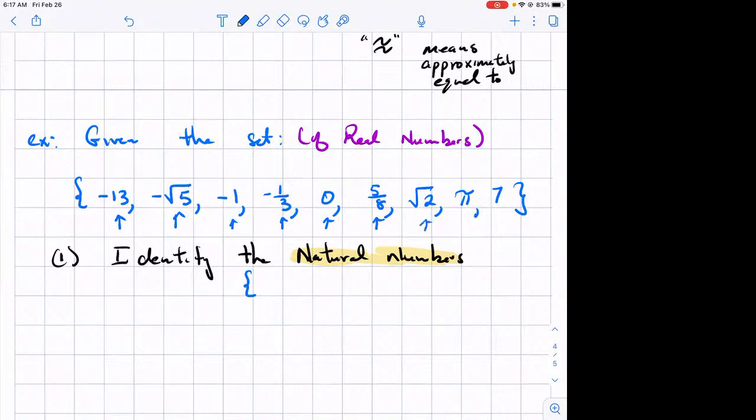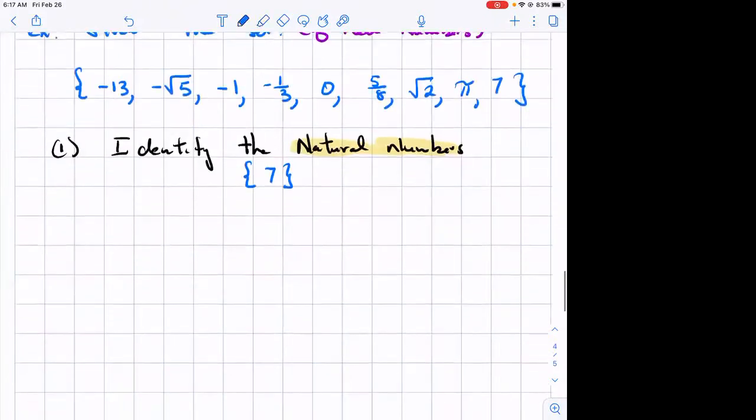The square root of 2 and pi are decimal representations. So the only thing left would be 7. So 7 is my only natural number.